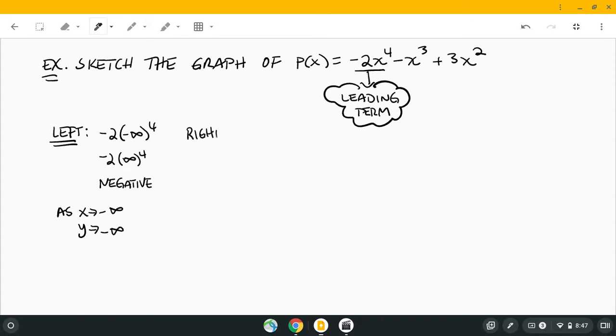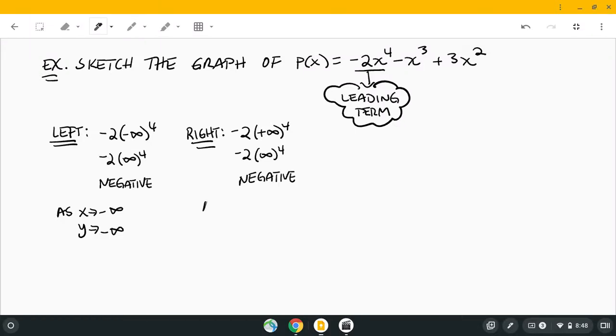Our right-hand behavior, so x goes towards positive infinity, so I'm going to go ahead and plug in positive infinity. And positive to the fourth power is still positive. So here we still end up with a negative result.